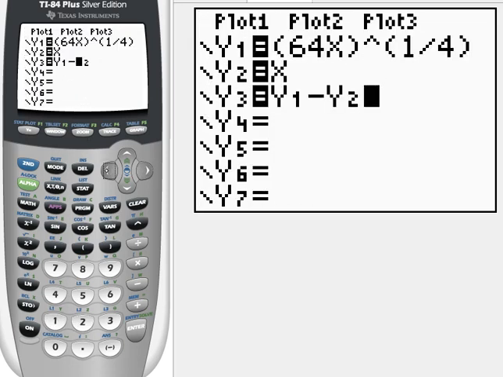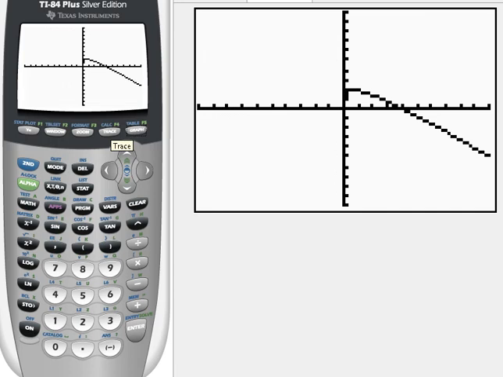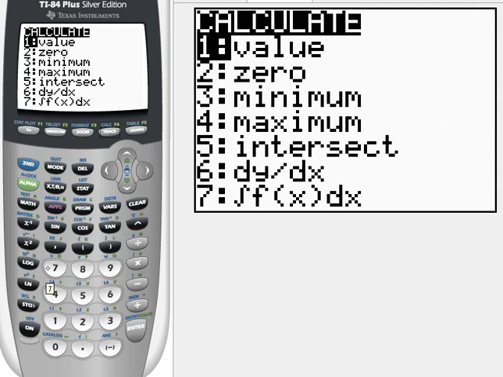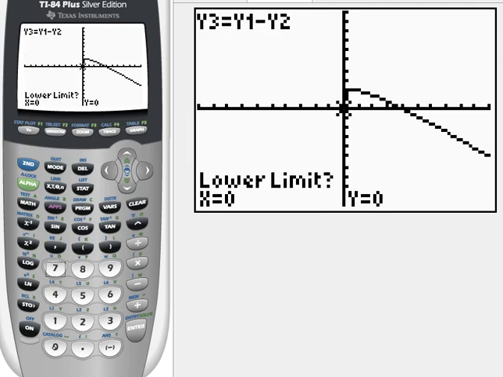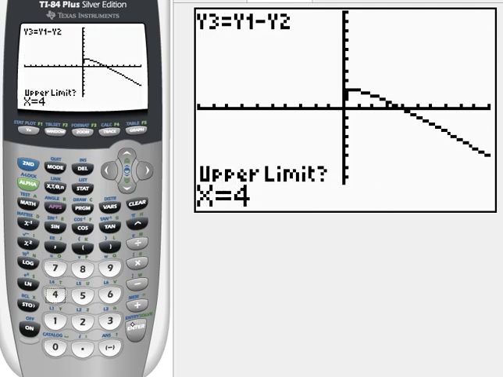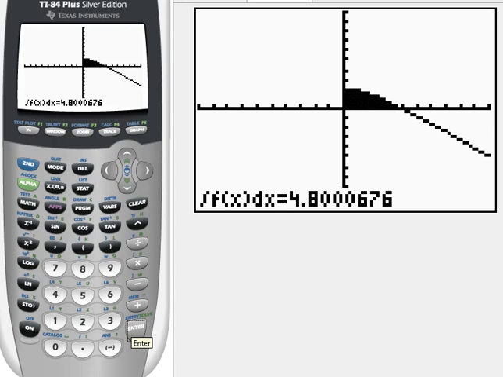I do need to go over and turn the other ones off. Now I can graph the two functions and see what area I have. Go ahead and find the integral of that from 0 to 4, and it finds that as 4.08.